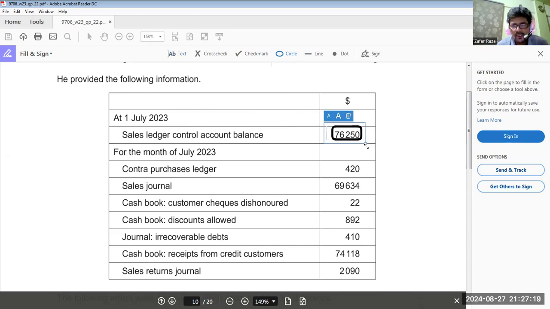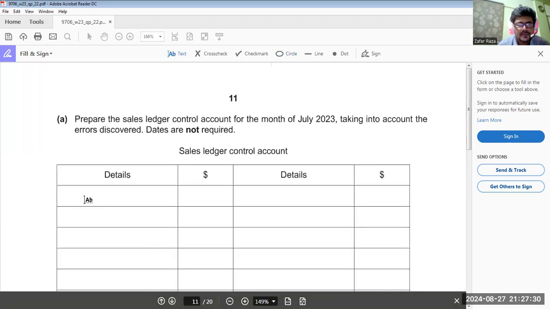This is an asset account, so this balance is going to be reported on the debit side, 76,250, balance b/d 76,250.